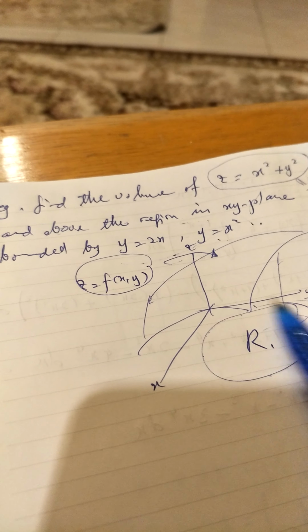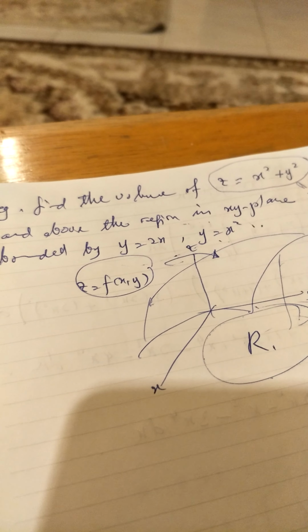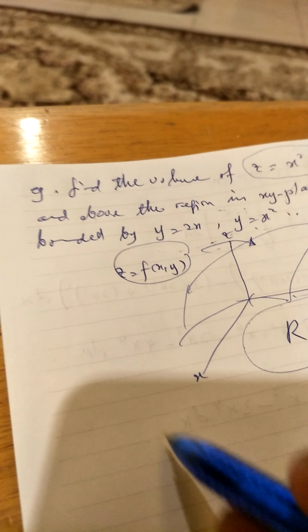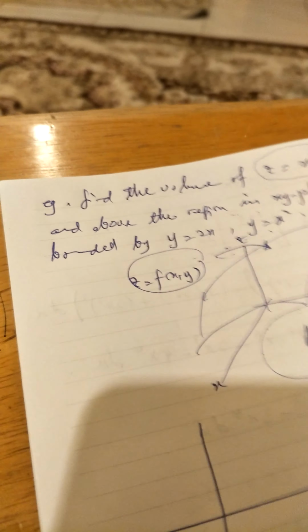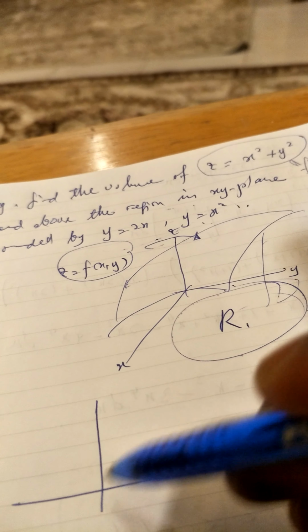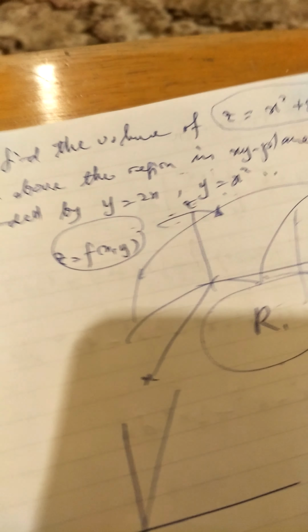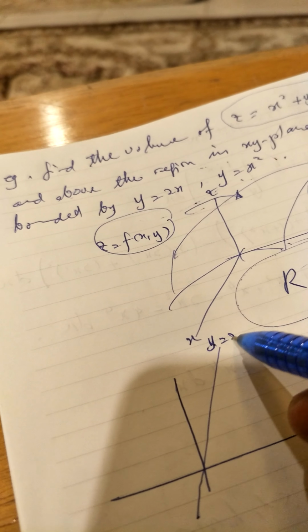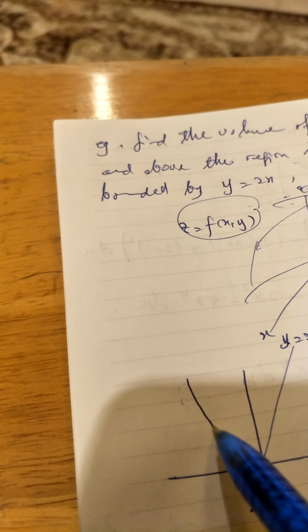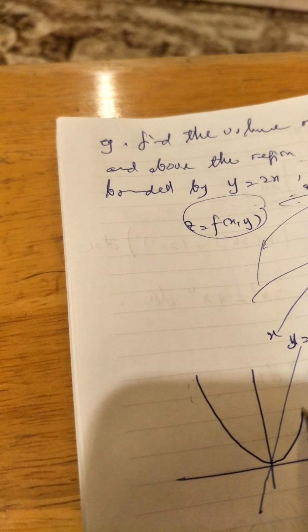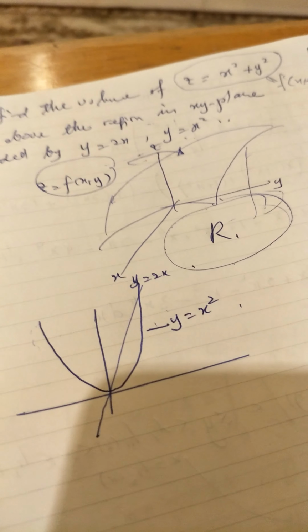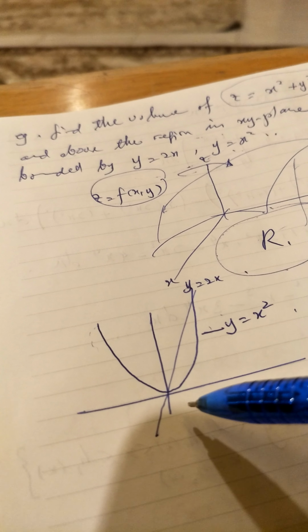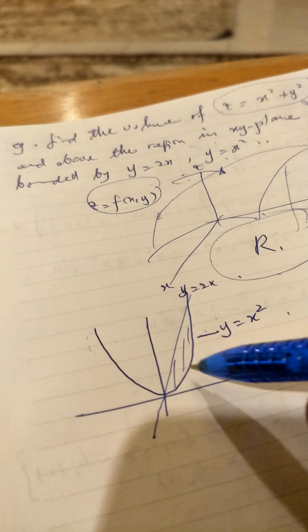I just want to focus on how to identify the region R. So we have y equal to 2x, you can sketch that one easily, and the other one is y equal to x squared. So you can identify the region. This is the region D.